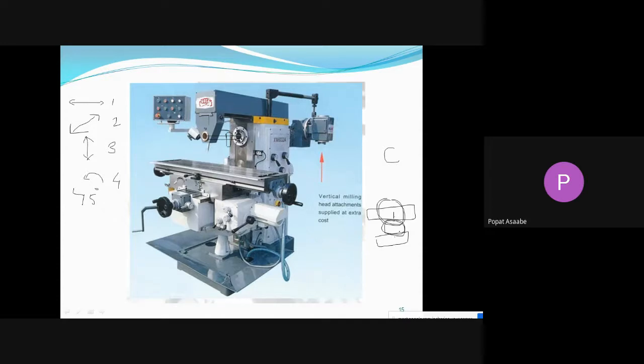With the help of that swing base we can give the angle, so we can easily swing the table at 45 degrees on both sides. So it is easy to produce the helical machining. Okay, this is the universal milling machine.